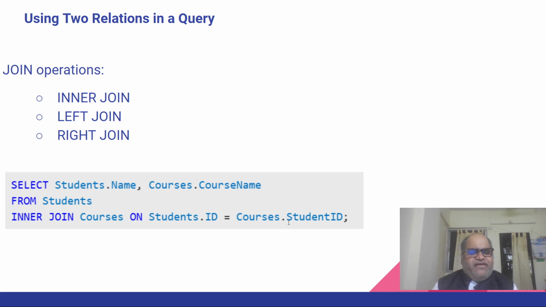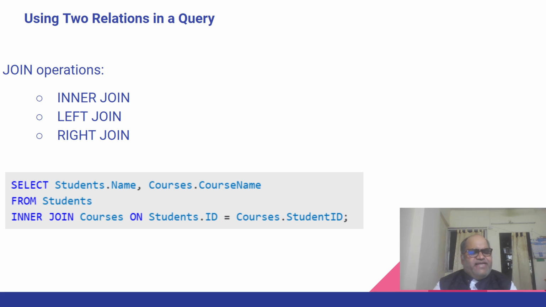Inner join retrieves matching rows, while left and right joins handle unmatched rows based on syntax. We will take more and more examples about inner join, left and right join as we move towards exercises on an actual data set.